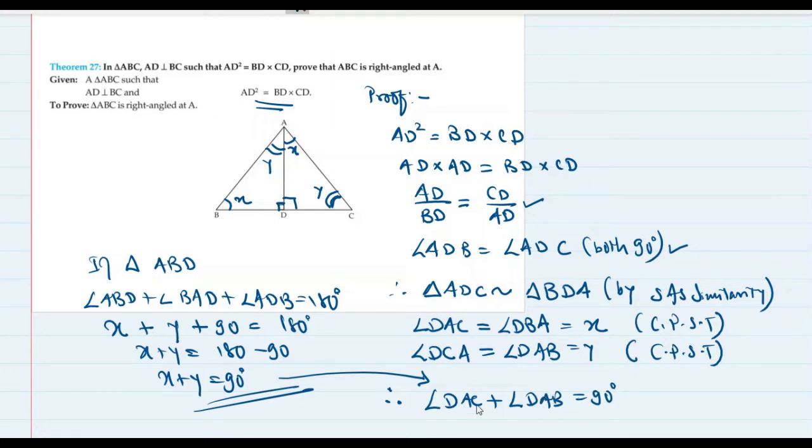What is angle DAC plus angle DAB? It is angle BAC. Therefore, angle BAC is equal to 90. And that's what we had to prove. Remember, to prove triangle ABC is right angled at A. And we have proved that this angle A is 90 degree.